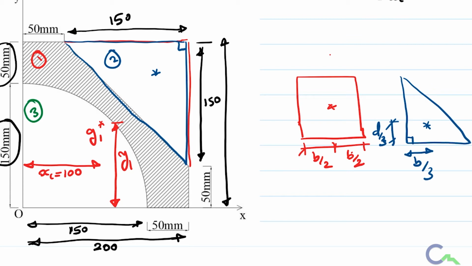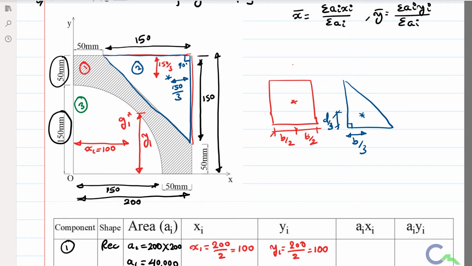So from this right angle, it will be at a distance of 150 divided by 3. Also in the vertical direction it is at a distance of 150 divided by 3, because the height of the triangle is 150.